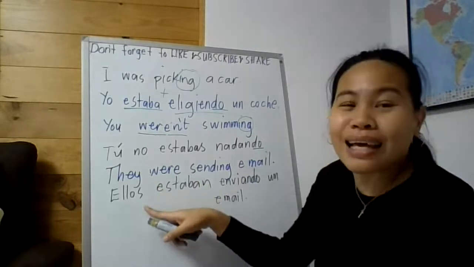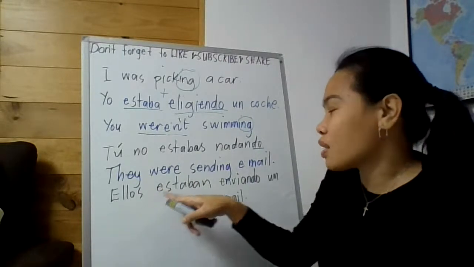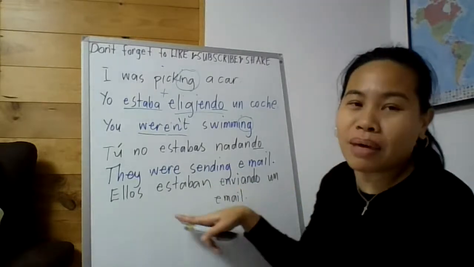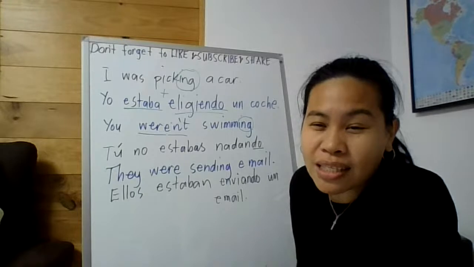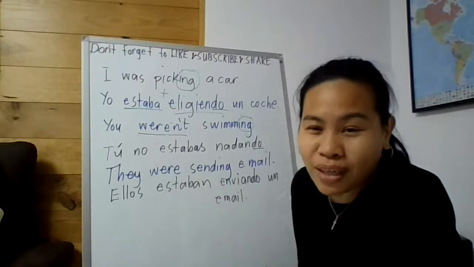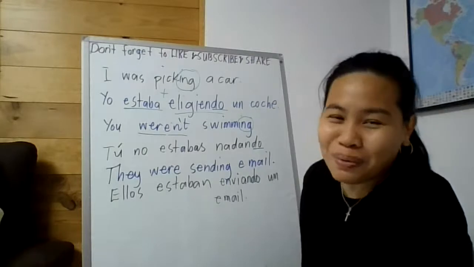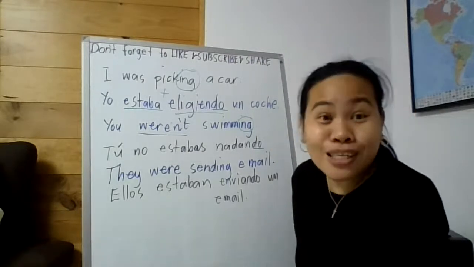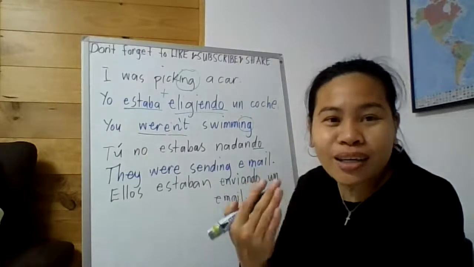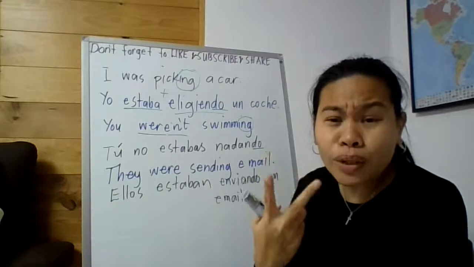Okay, and then the last sentence. Ellos estaban enviando un email. En el presente, ellos están enviando. That's correct, Patrick, with accent. Very good, 2 points. This is good because we are doing a two-way conversation.